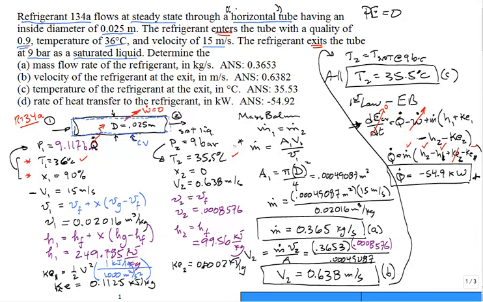But here the refrigerant, a lot of that energy is being removed from the refrigerant because it's changing phase. It's condensing. It's going from 90% by mass, which is in the vapor state, to 0% by mass that's in the vapor state. It's all liquid.